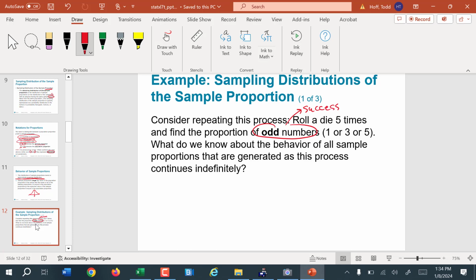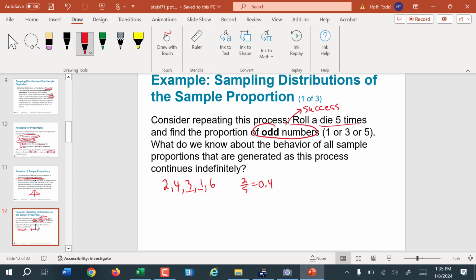We roll a die 5 times and get 5 results. Within each sample, we calculate what proportion of them are odd. Let's say we roll 2, 4, 3, 1, 6 in our 5 rolls. There are 2 of those that are odd, so that's 2 out of 5, a 0.4 sample proportion.